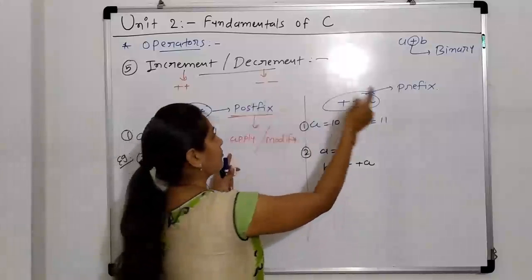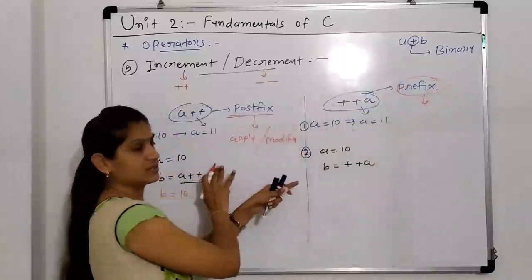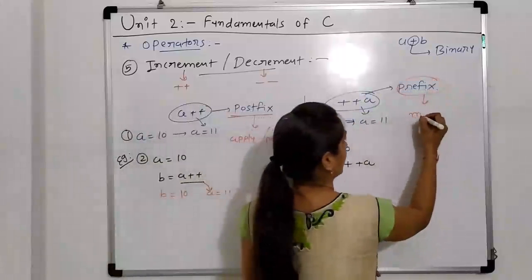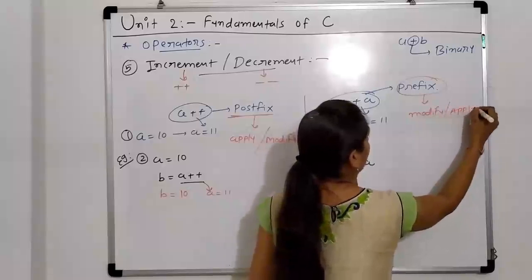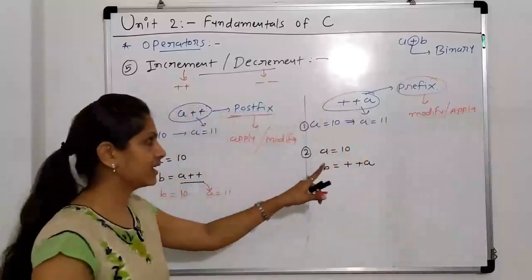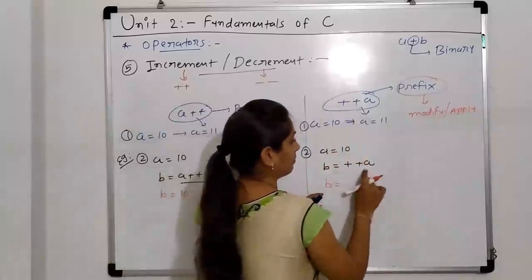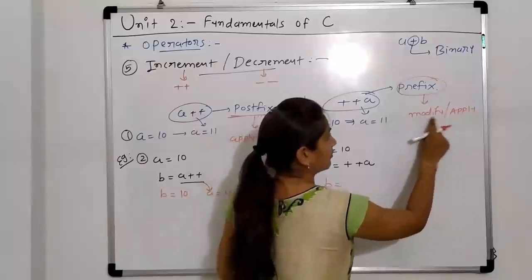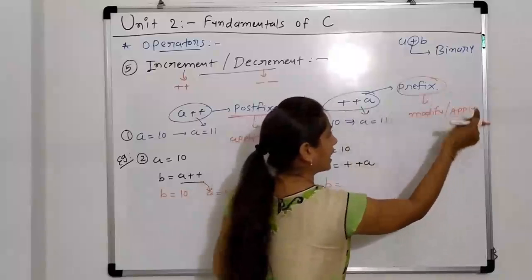But in case of prefix, the meaning is the reverse. First you have to modify and then apply the value. So in this case, B equals what? Plus plus, that is pre, modify and then apply.